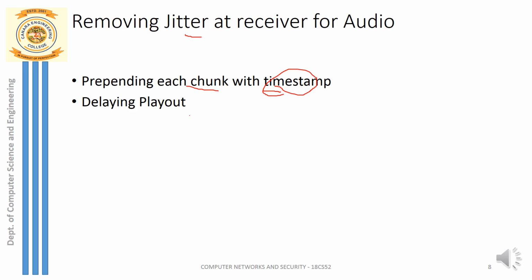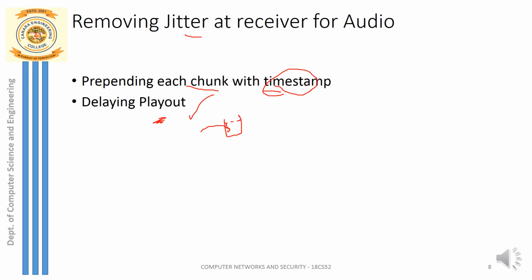The next solution at the receiver's end is delaying play out. It is same as what we had seen in the HTTP streaming technique. What was that? The receiver can initially store the received chunks. All the received chunks he can maintain in the buffer, and he can fix a threshold at the receiver's end. You can keep the threshold as some bytes.